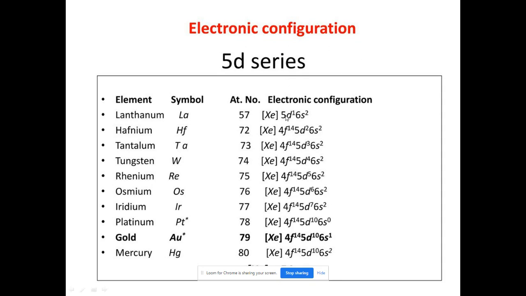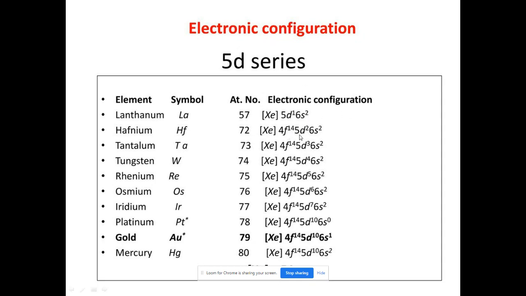Look into the configuration of lanthanum and hafnium. In lanthanum, the last electron enters into the 5d subshell, but in the case of hafnium the next electron does not enter into the 5d subshell, but it starts entering into the 4f subshell as in cerium.